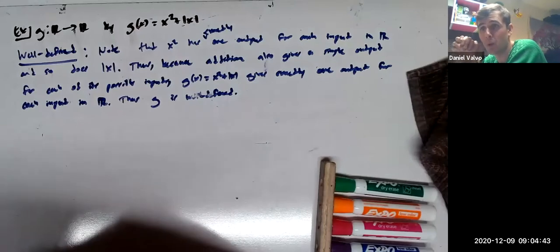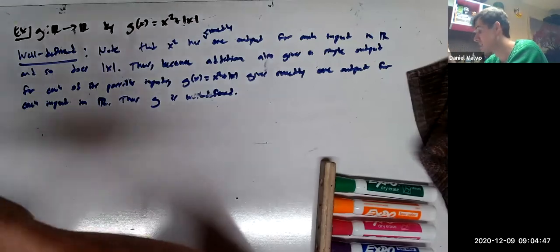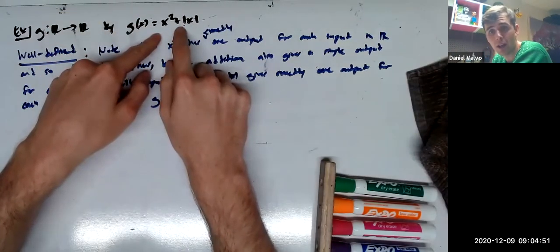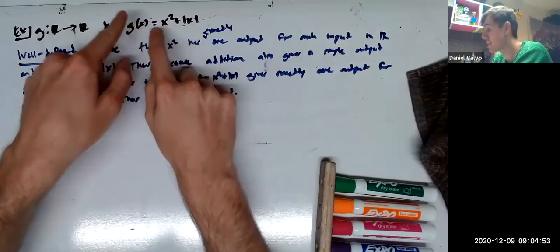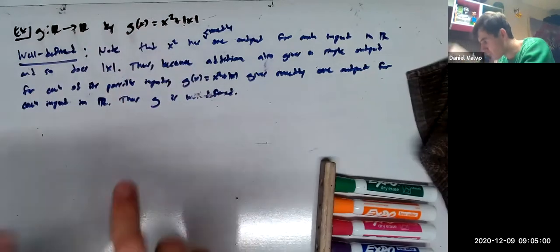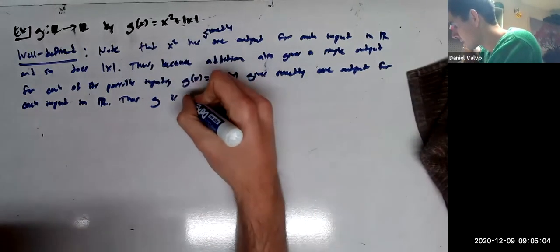Like 5 plus 4 is not 9 or 12, it's always 9. So since x squared, the absolute value of x, and the plus all give one output for every input, this whole function combined will give one output for every input. It's impossible not to. Therefore, g is well defined.